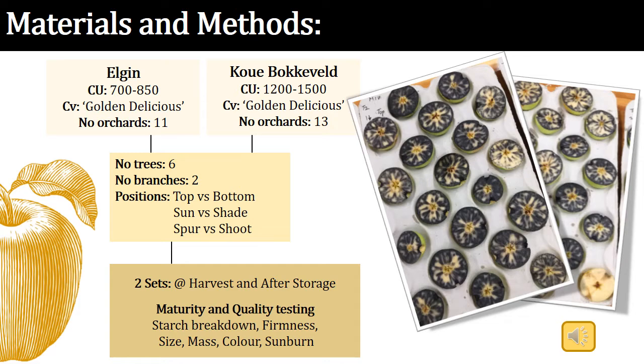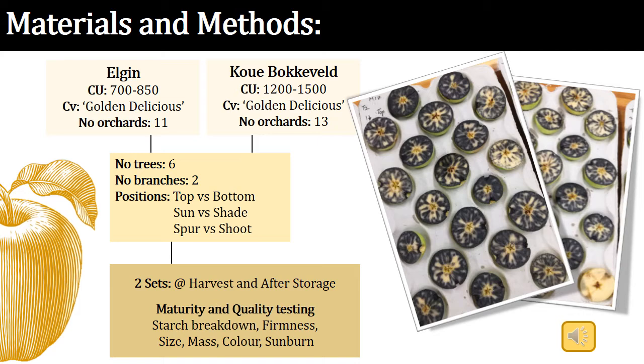One group was tested immediately after harvest, and the second group was stored under regular atmosphere at -5 degrees Celsius for 12 weeks. All the fruit were subjected to maturity and quality analysis, including percentage starch breakdown, and this can be seen on the photos on the right-hand side, flesh firmness, size, mass, color, and levels of sunburn.